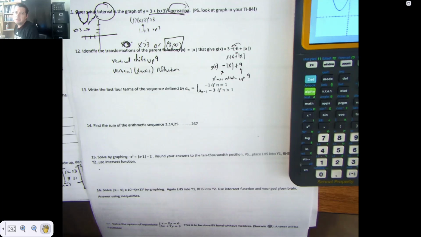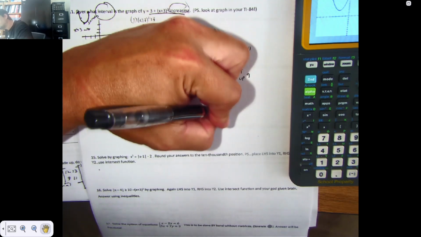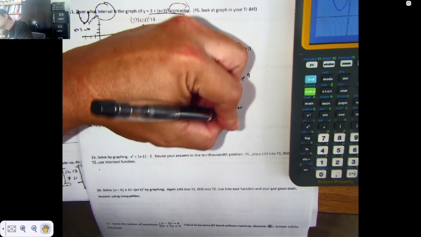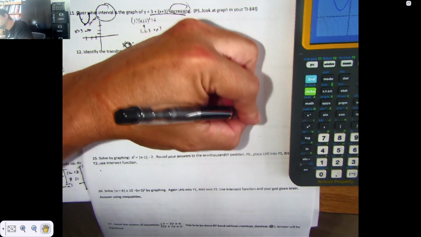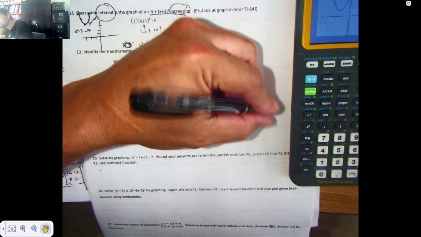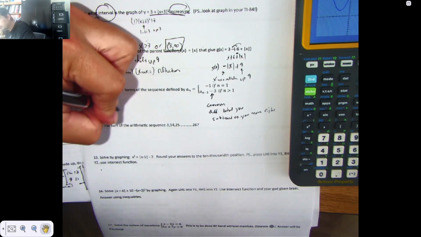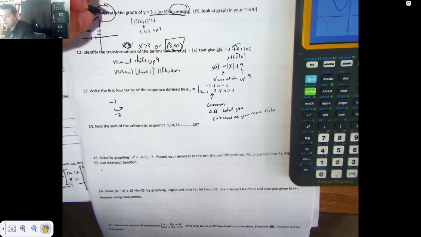All right, write the first 4 terms of the sequence defined by a sub n as -1 if n is 1, and a sub n minus 1 minus 3 if n is greater than 1. And this here is your common difference. It's what you subtract as you move right. So your first term is -1. You're going to subtract 3.